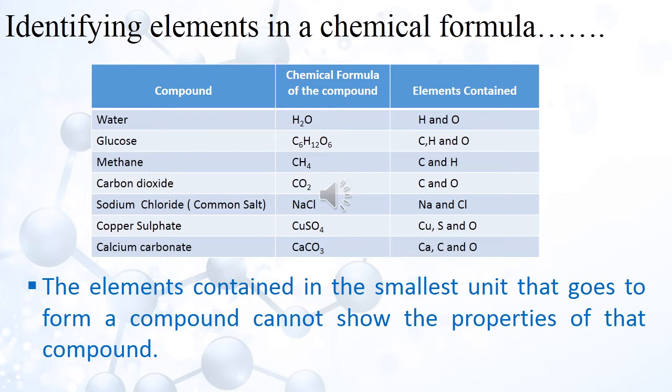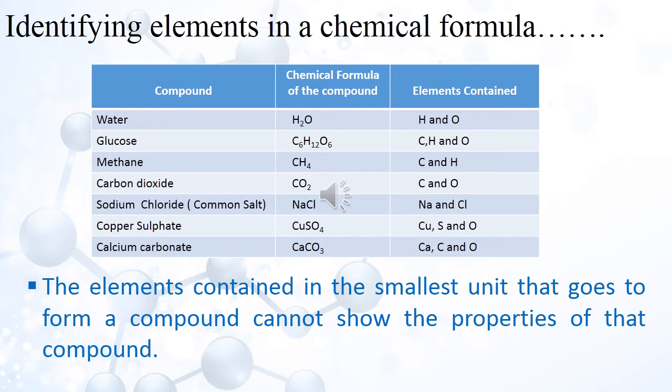So, a water molecule is composed of two hydrogen atoms and one oxygen atom. So, we give the formula as H2O. And when you see the chemical formula, you can identify what elements are there. So, water molecule, H2O, there are hydrogen and oxygen atoms.